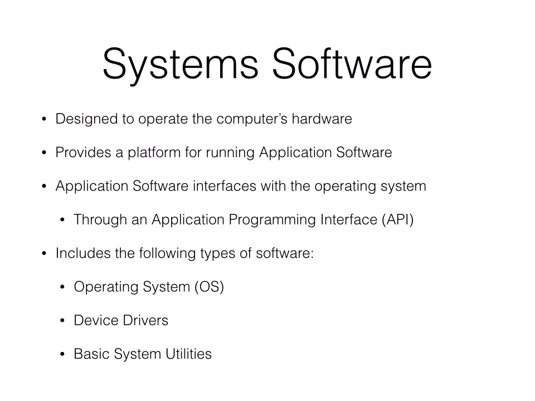This includes the following types of software: operating systems, device drivers, and basic system utilities. So, looking at this as a whole, system software is about operating computer hardware and the different levels at which that happens.